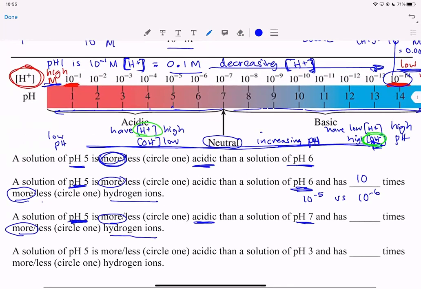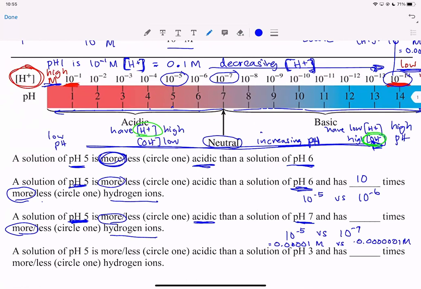And zooming in on this, this is pH 5, which is, let me move this out of the way, 10 to the minus 5 molarity compared to 10 to the minus 7 molarity. So 10 to the minus 5 compared to 10 to the minus 7. So 10 to the minus 5 has 4 zeros in front of the 1 compared to 6 zeros in front of the 1 for 10 to the minus 7.